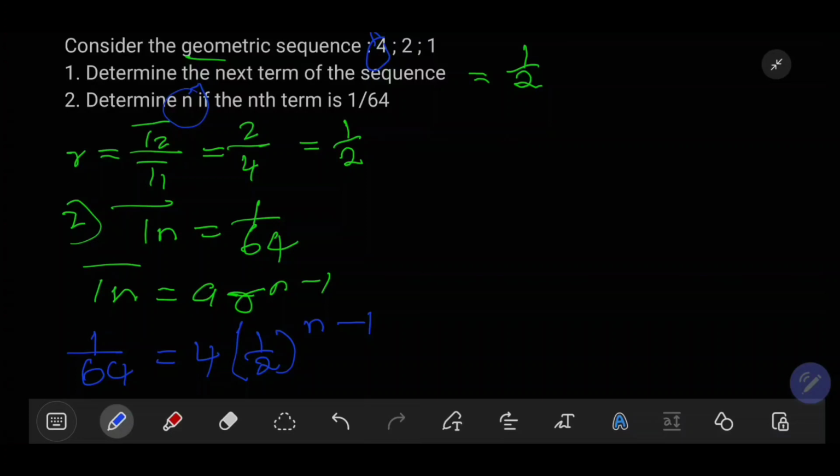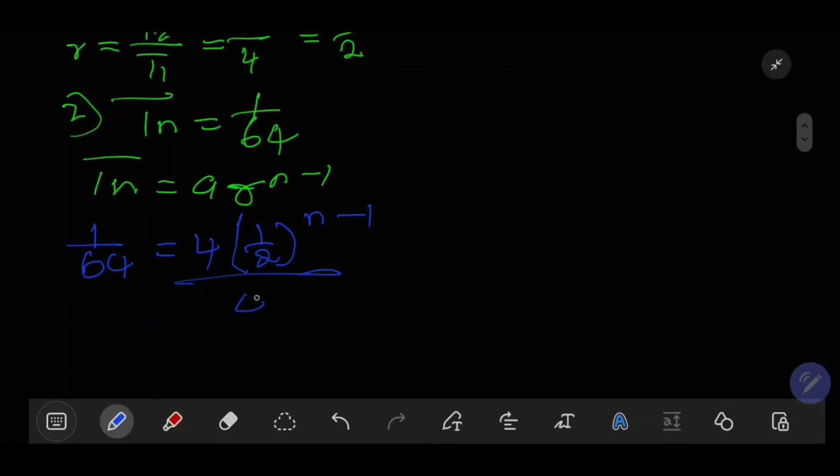If you are given Tn as the value, and we are looking for n, we are looking for the position of that value. So in this case, we need to simplify this equation. How do we simplify this equation? We divide both sides by this a value, or by 4.